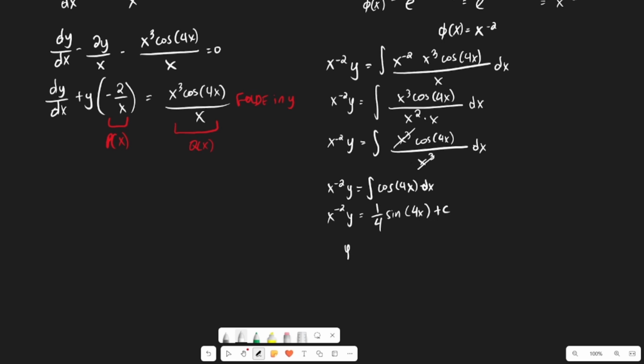So we have y is equal to 1 over 4 x raised to negative 2 sine 4x plus c, or you can write this as x squared over 4 sine 4x plus c. So this is now our general solution.